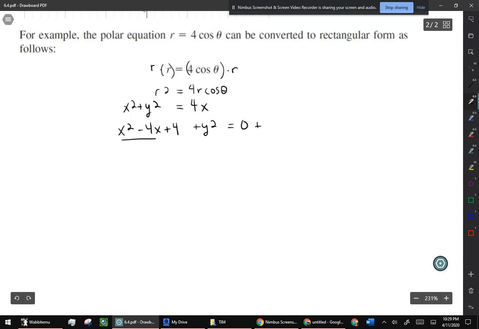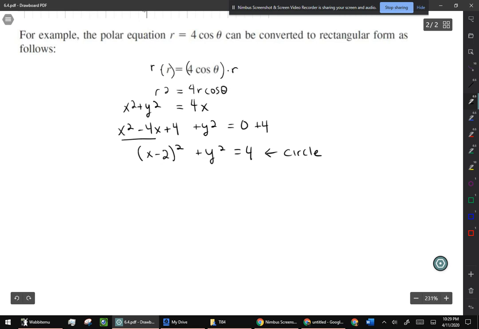You'd have to add a 4 to the other side to balance it out. And hence, you've completed the square, which allows you now to write that this is x minus 2 squared plus y squared equals 4. And now you have a conic equation of a circle.